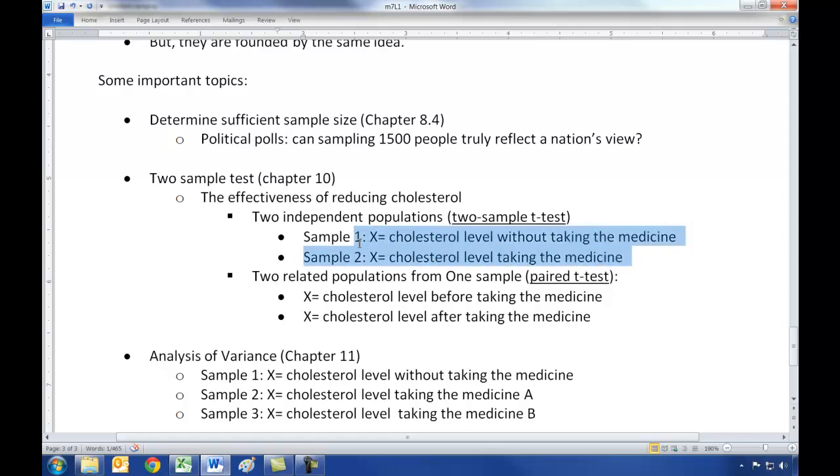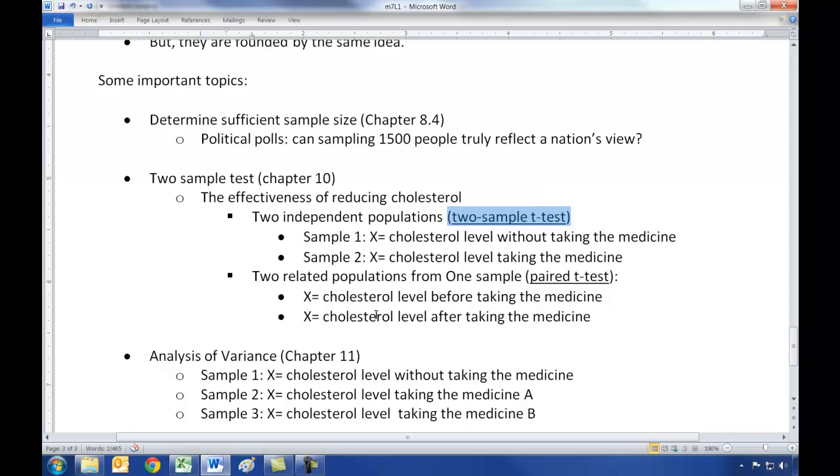Essentially we are trying to evaluate whether these two density functions are identical to each other. That is called the two-sample t-test, a common method used to evaluate the efficacy of medicines.